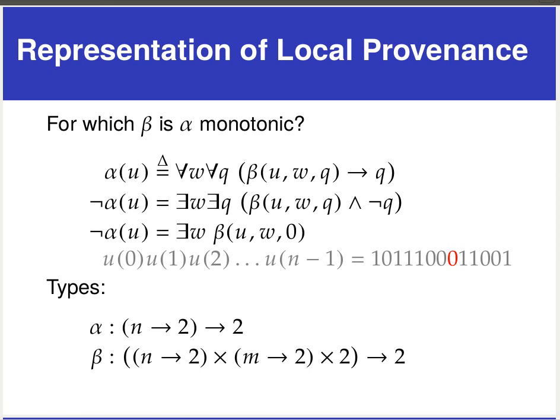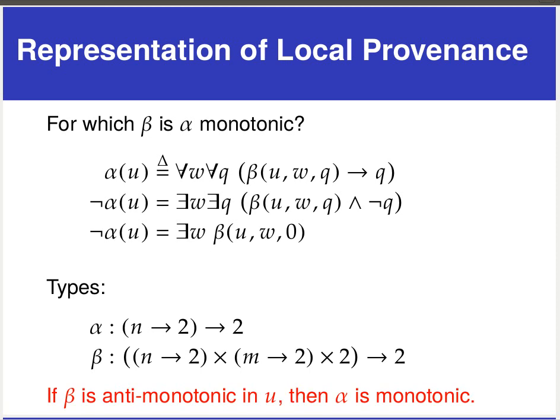That means we just say, well, you can use the same w, you don't need to change it. So that's a sufficient condition, not a necessary one. And we can phrase it like this: if beta is anti-monotonic in the u part, then alpha is monotonic.